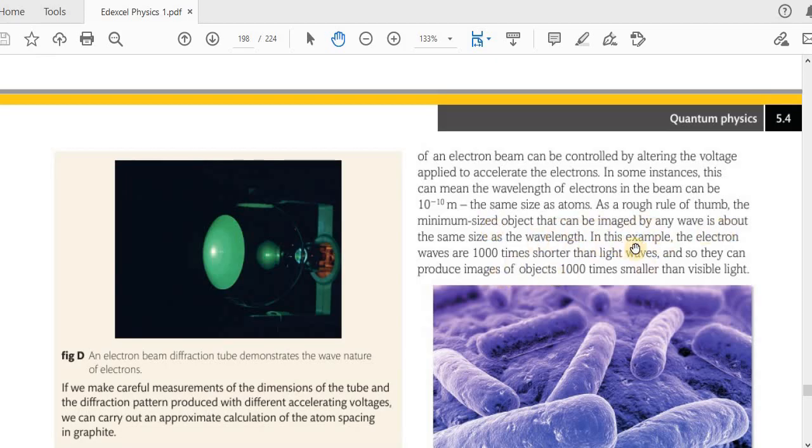And over here we saw in this example the electron waves are 1000 times shorter than light waves, and so we can use this in the electron microscope to produce images of objects which are 1000 times smaller than visible light, because electron wavelength can be 1000 times less than visible light. So that means we can produce images of objects 1000 times smaller than visible light.